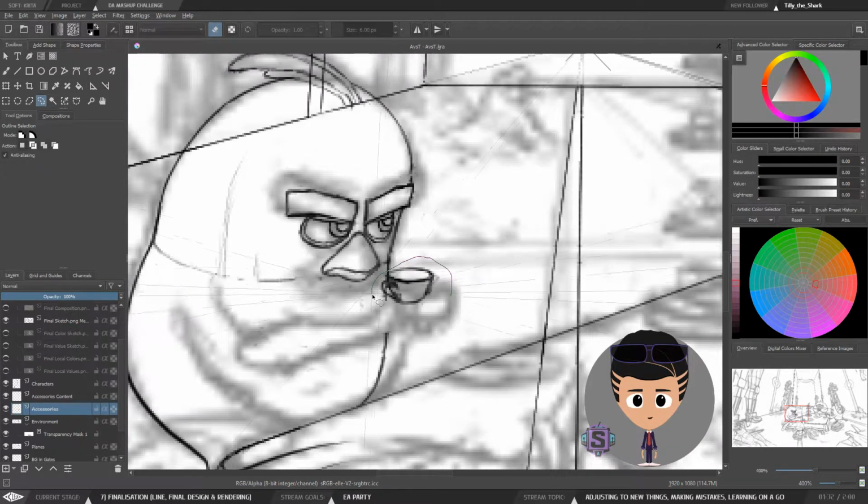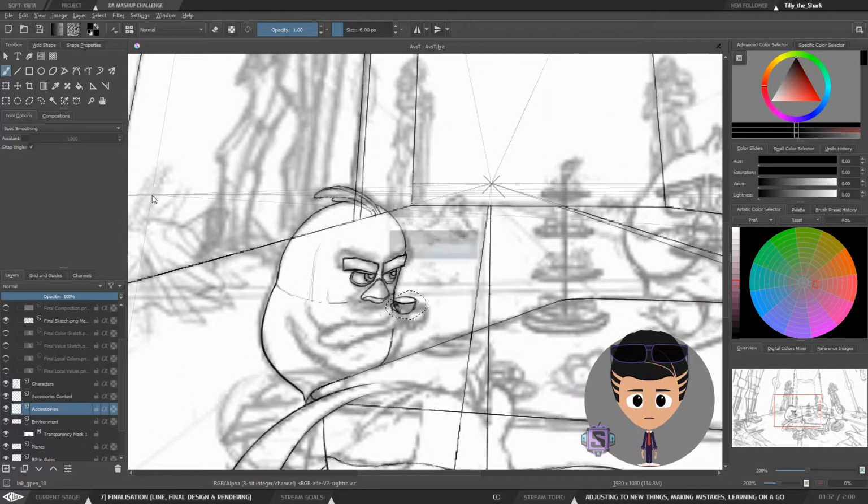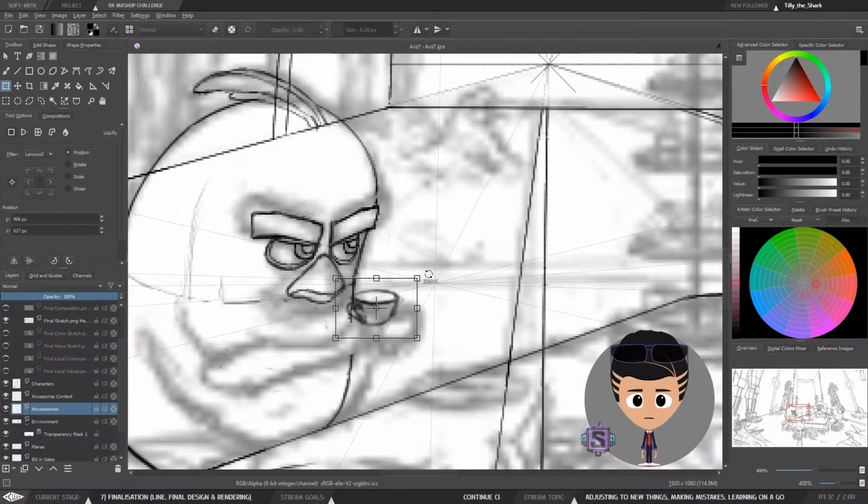And also the gesture for the cup, we could actually change it. Like make it slightly tilted. Like he's almost giving up on, I don't know, all the tension has to go.